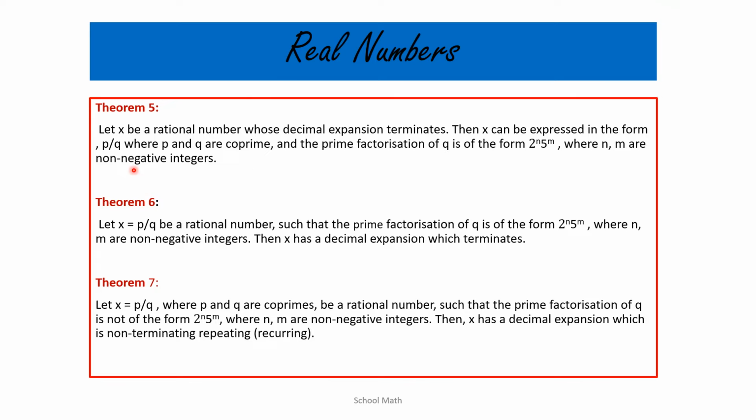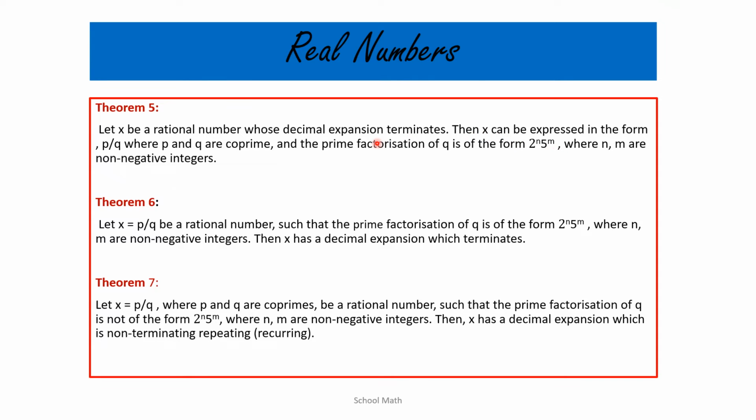Theorem 5. Let X be a rational number whose decimal expansion terminates. Then X can be expressed in the form of P by Q, where P and Q are co-prime, and the prime factorization of Q will be in the form of 2 power n into 5 power m, where n and m are non-negative integers.